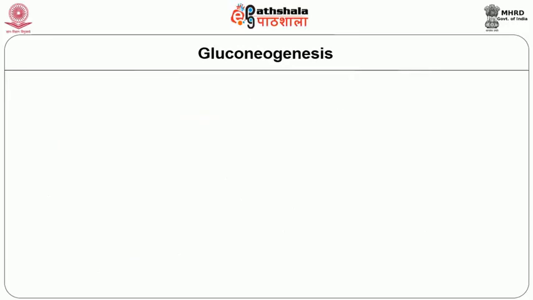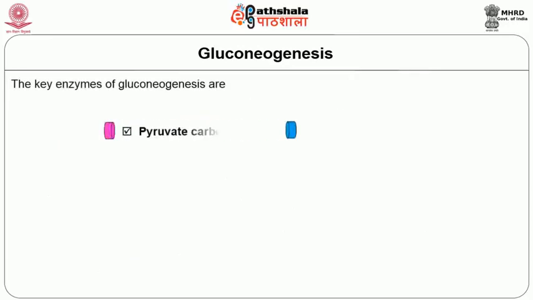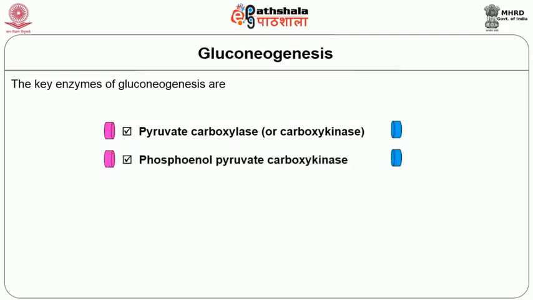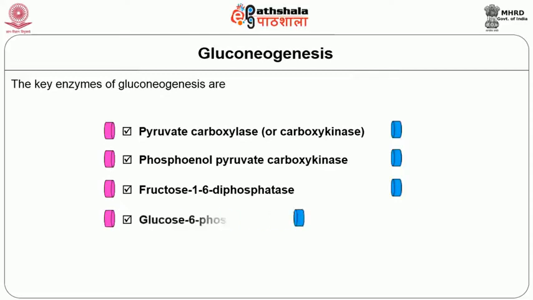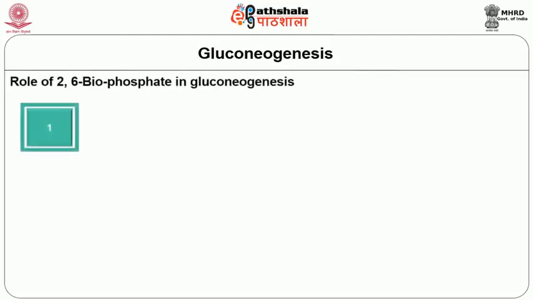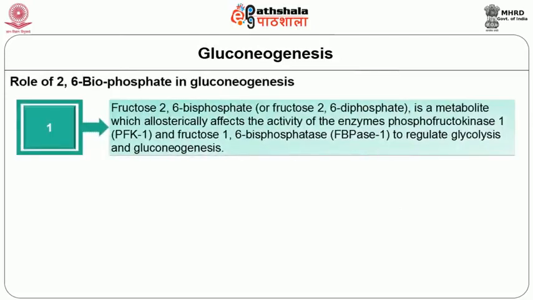The main key enzymes of gluconeogenesis are pyruvate carboxylase, phosphoenolpyruvate carboxykinase, fructose 1,6 bisphosphatase, and glucose 6 phosphatase.